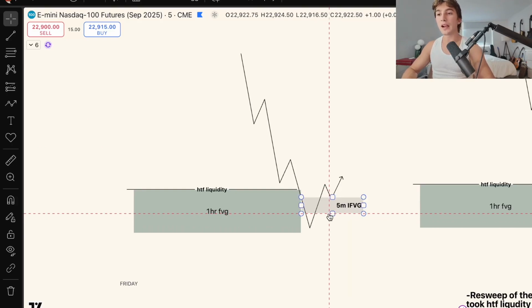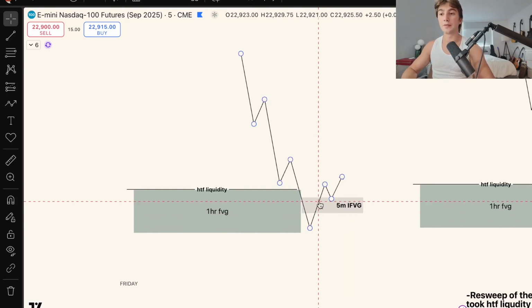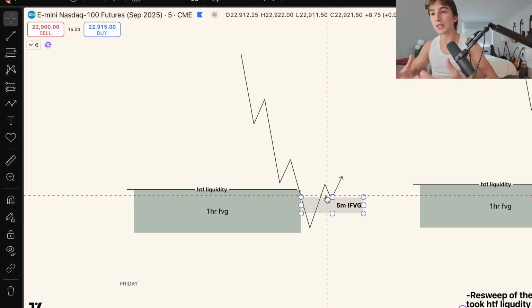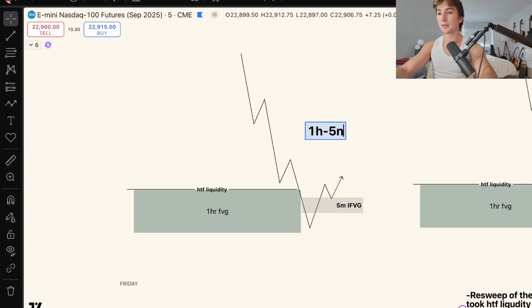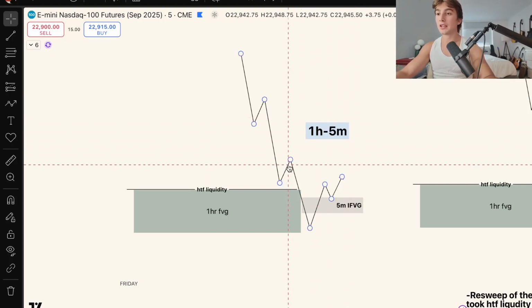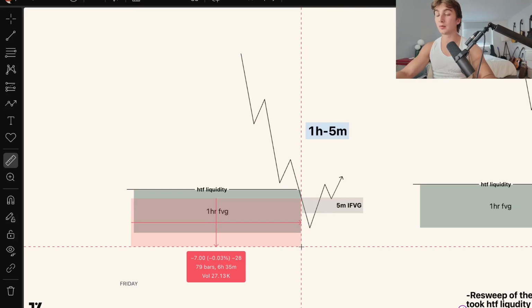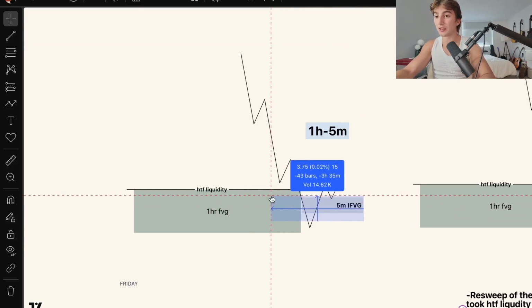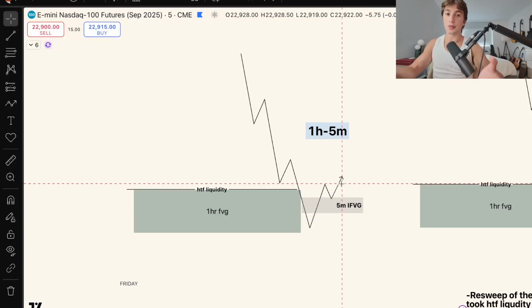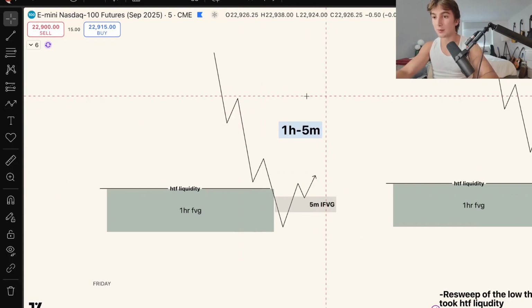If you wait for a 5 minute inverse to the upside, you've now confirmed a flip in order flow, right? 1 hour to 5 minute. This is time frame alignment.